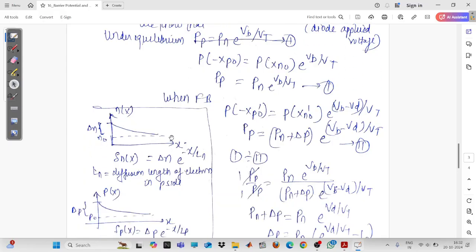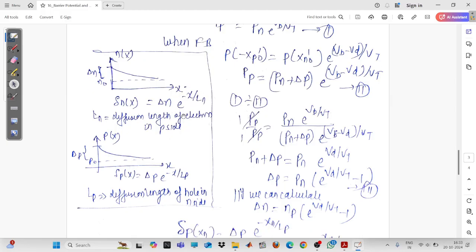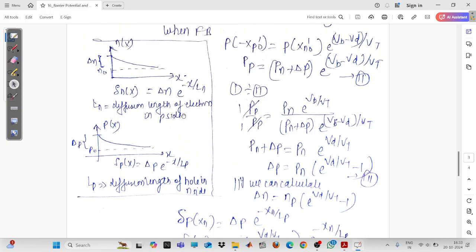There will be a decrease in this slope. I think we have discussed this in the barrier potential. So you can see the concentration is delta n e to the power of minus x upon Ln. You can see the downward slope is there, and because of that we have taken e to the power of minus x upon Ln. This is the diffusion length, fine, this is the diffusion length we have written.